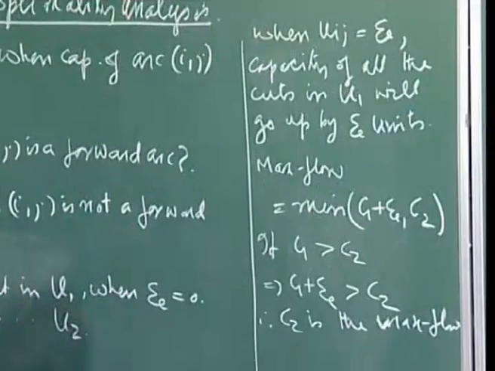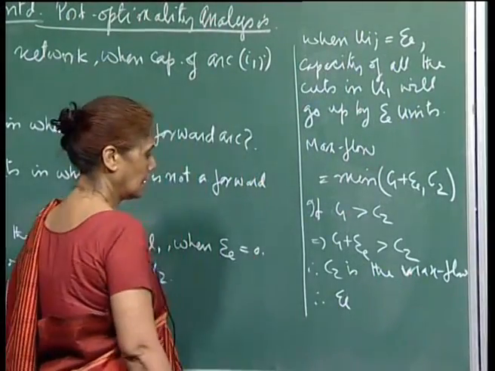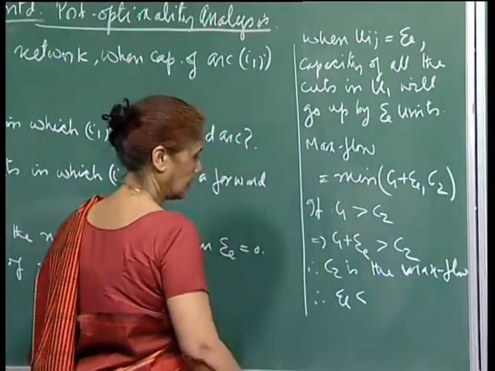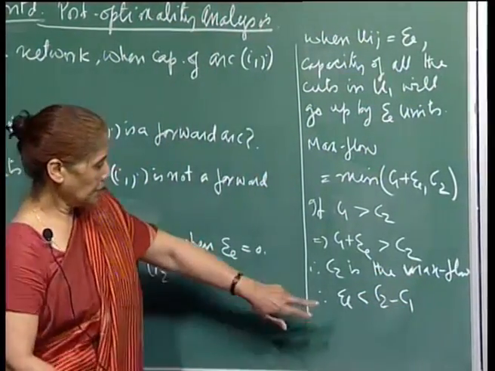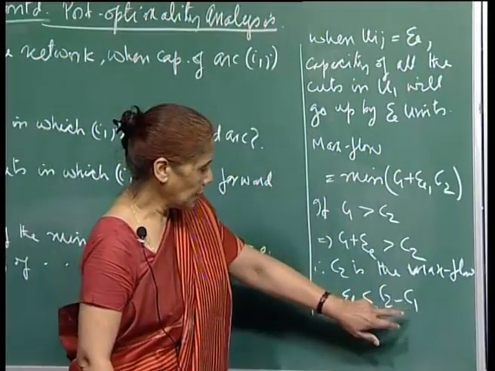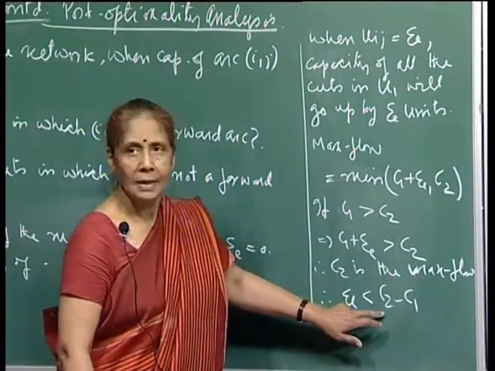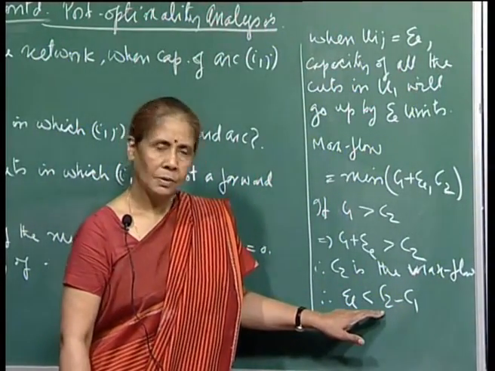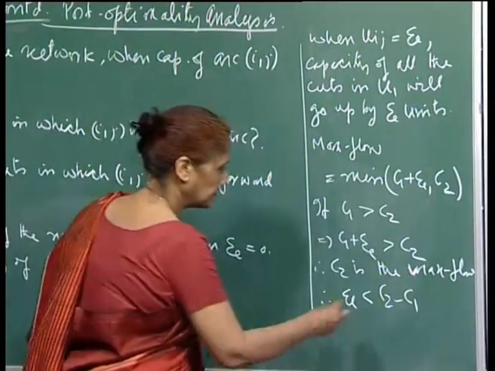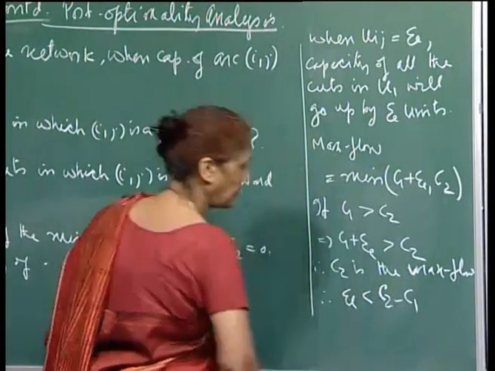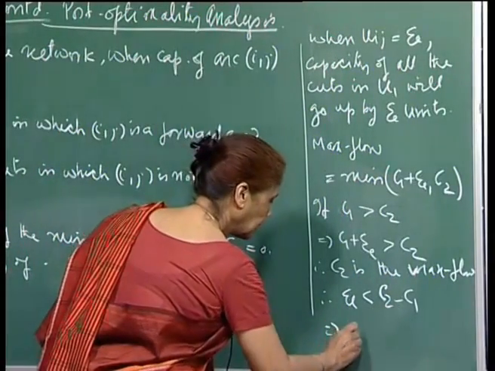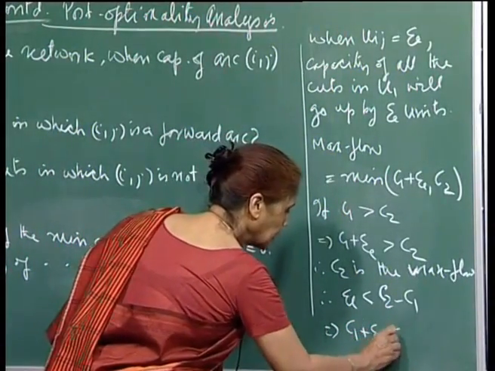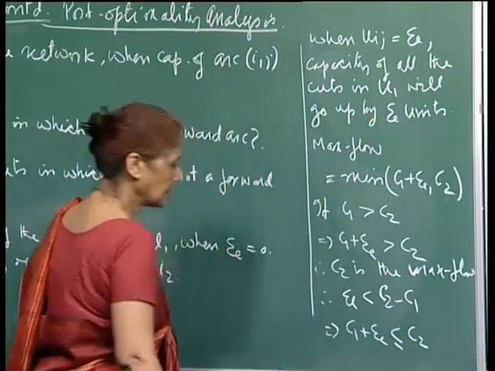And if otherwise, what do we get? If psi is less than C2 minus C1, then psi plus C1 will be less than C2. So, psi less than this implies that C1 plus psi is less than or equal to C2.